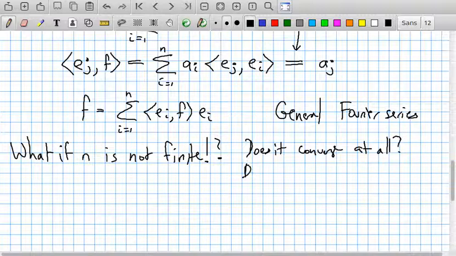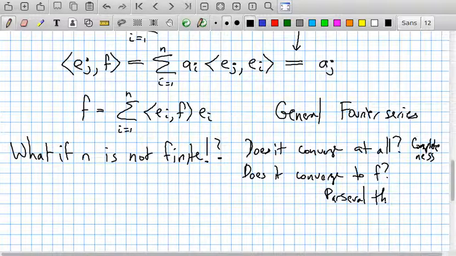Does it converge to f? The first question is answered by completeness. The second answer is something called Parseval's. So once we put those two things together, then we can say that it really does actually converge.